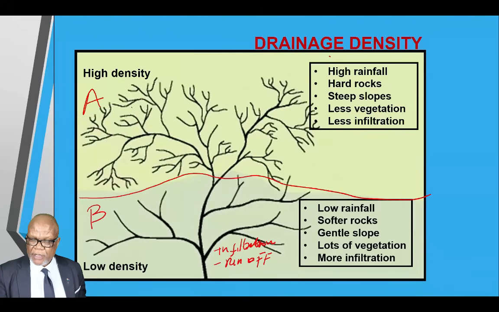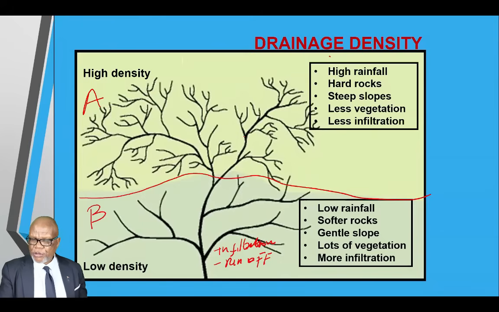As a result of that, there is more surface runoff, which results in higher density, and there is less infiltration because you can see a lot of water is flowing on the surface.